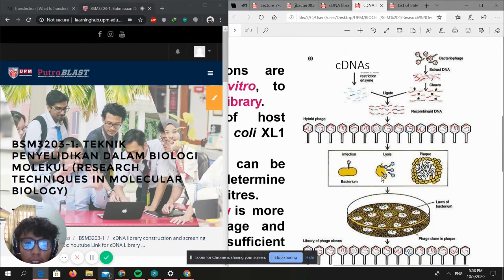After that, lysis happens. It bursts out and releases the phage that are produced.